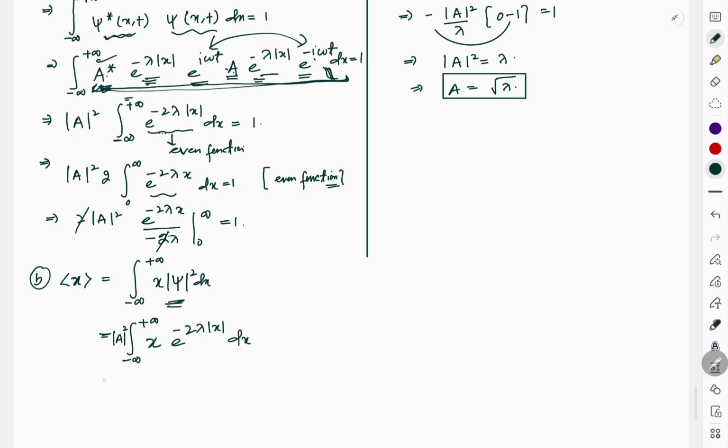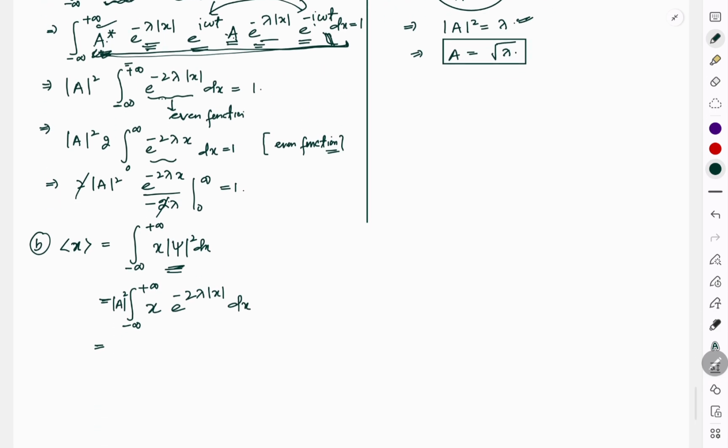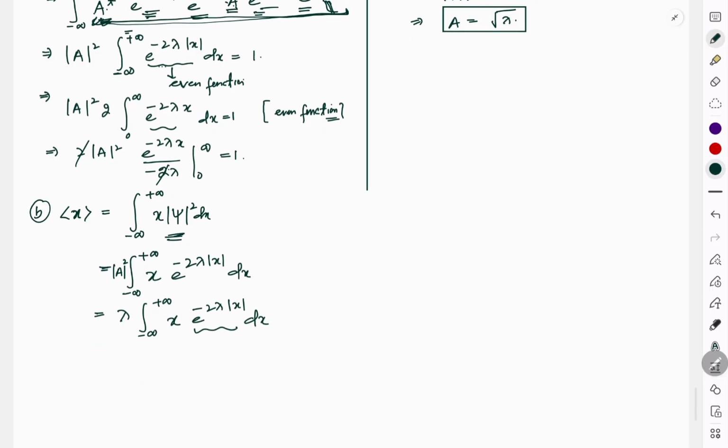Now we know mod A square has been calculated here, which is lambda, times the integral from minus infinity to plus infinity of x e to the power minus 2 lambda mod of x dx. Now this part is an even function and this is an odd function, and when an even function multiplies an odd function, it becomes an odd function.